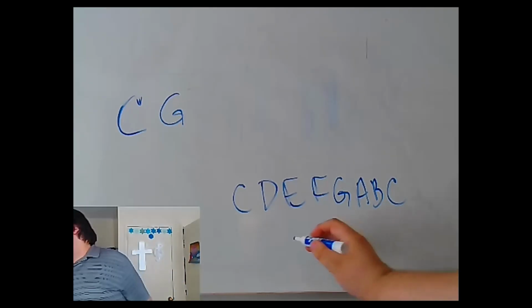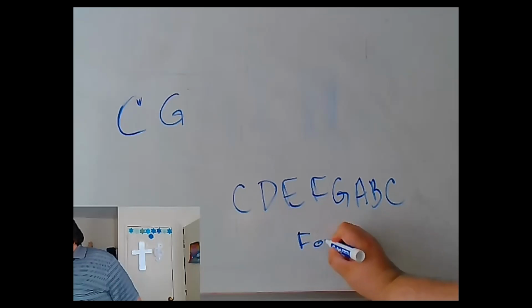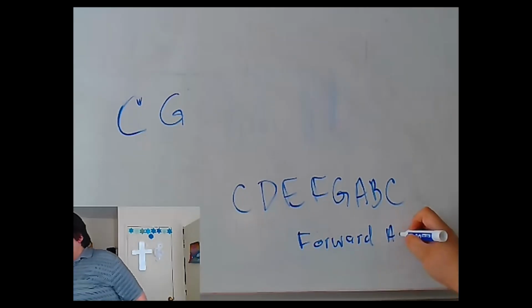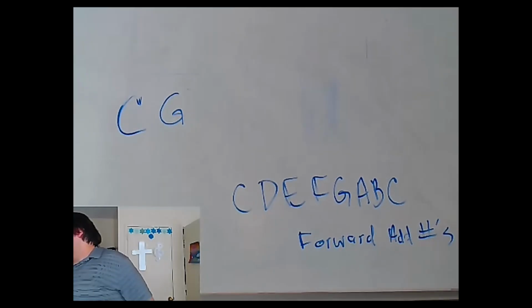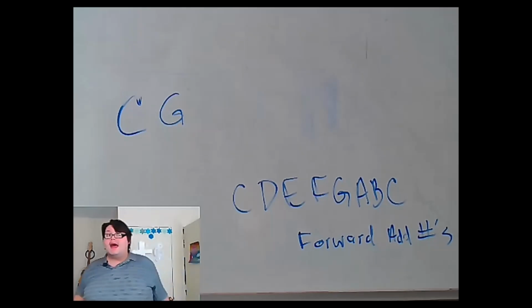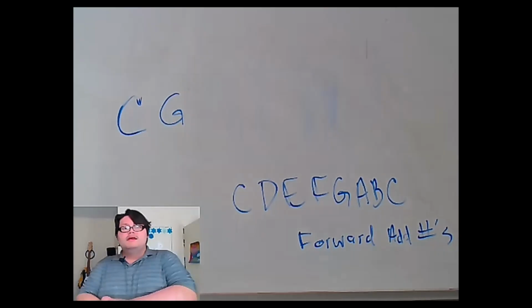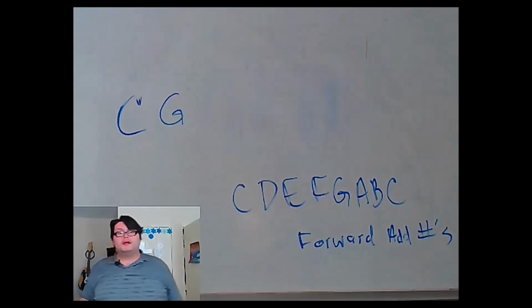So as we go forward, you add sharps. Now here's something that I'm going to mention briefly, and I'm going to get back to it later on in the video.